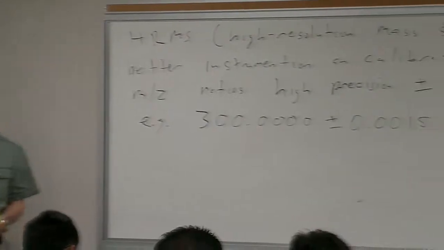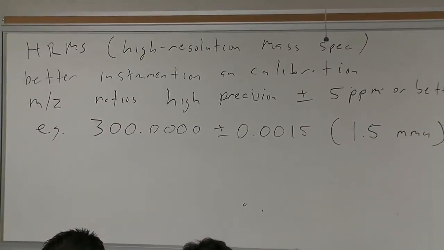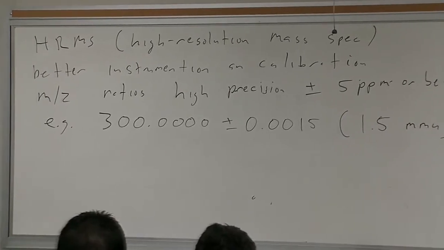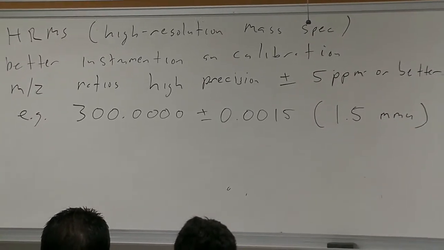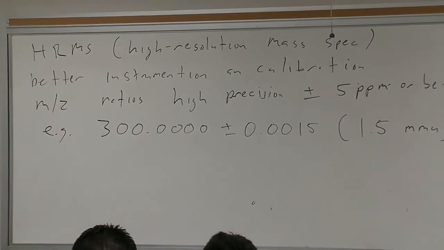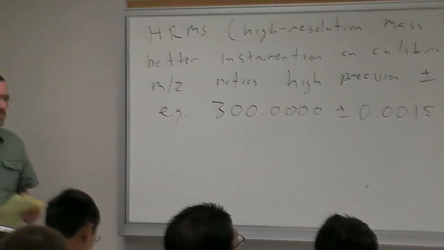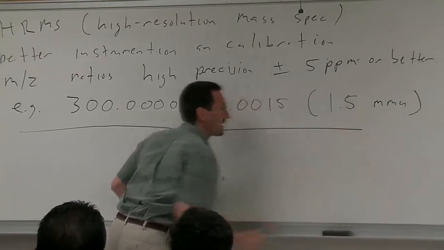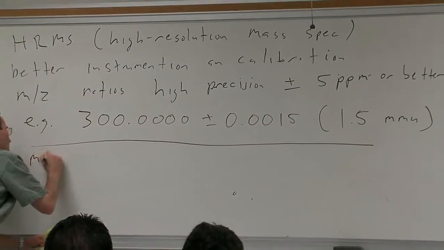And in this particular case, you can start to distinguish among different species that have nominally, in other words, to the unit mass, the same mass. So the one thing, and I mentioned this before, is that your molecular weight is going to be dictated by your isotopes present.